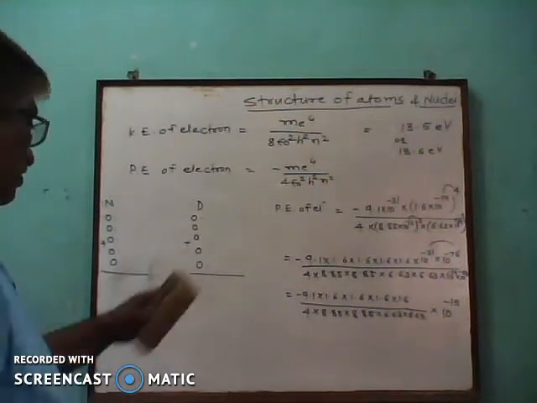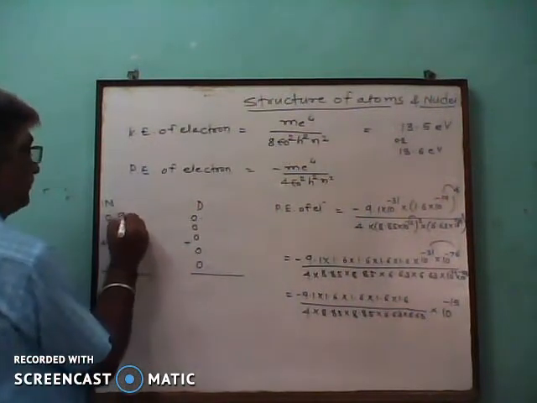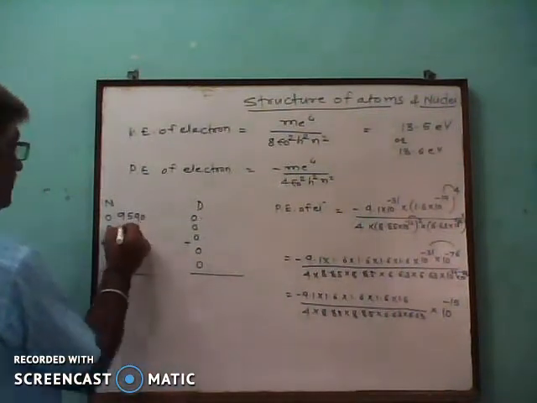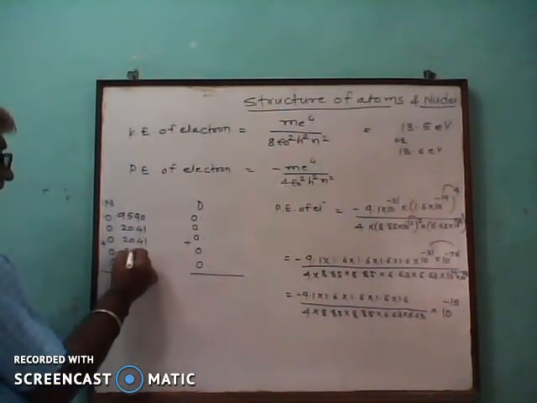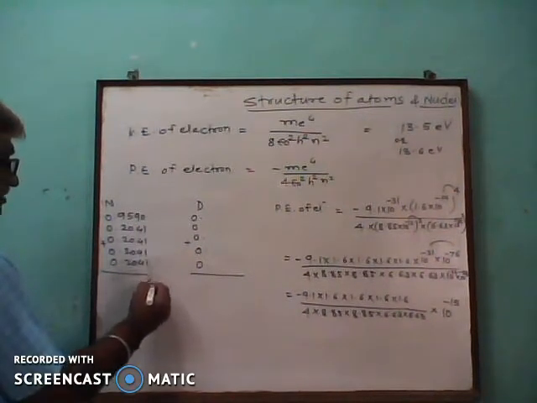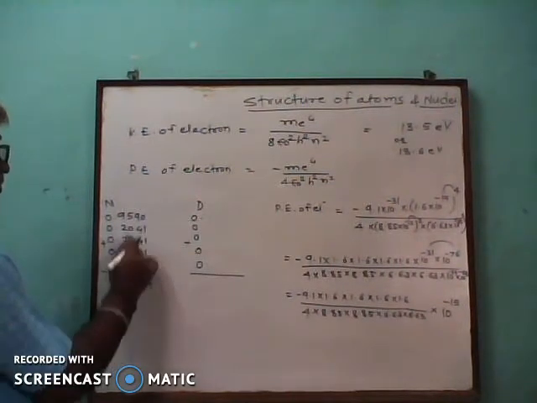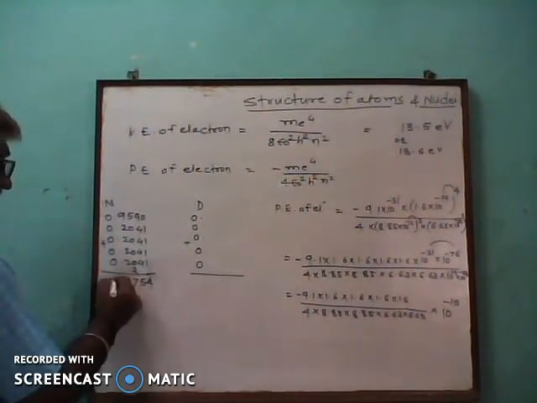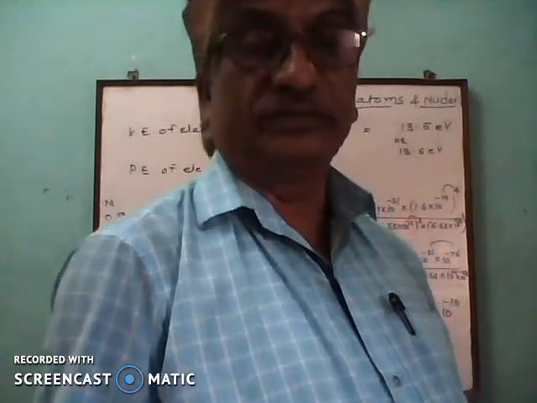The logarithm for 9.1 is 0.9590, for 1.6 it is 0.2041, repeated four times. The addition will be 1.7754.